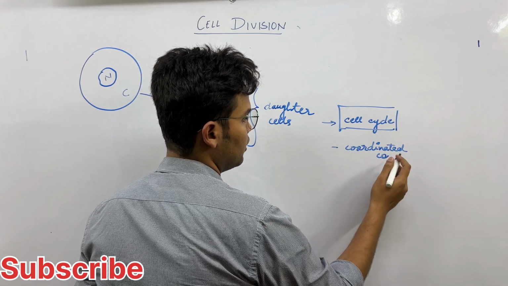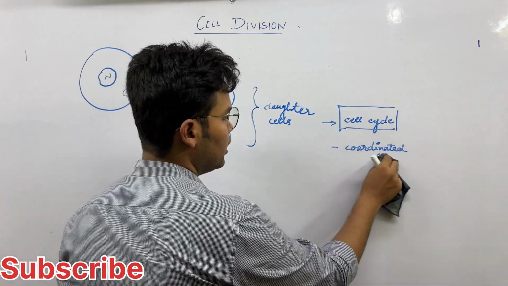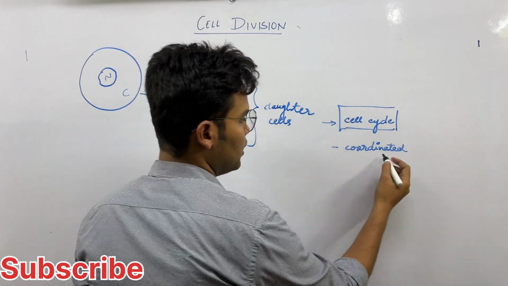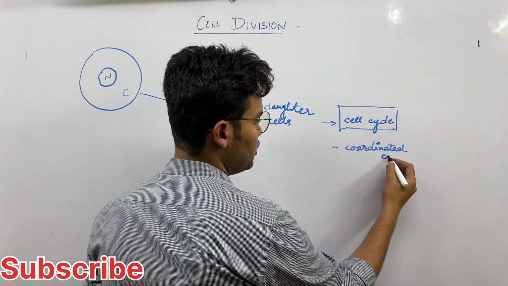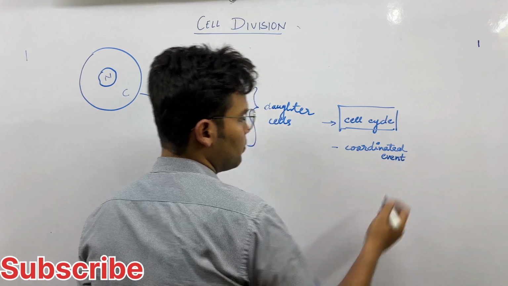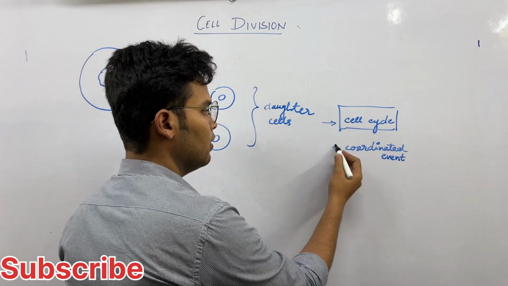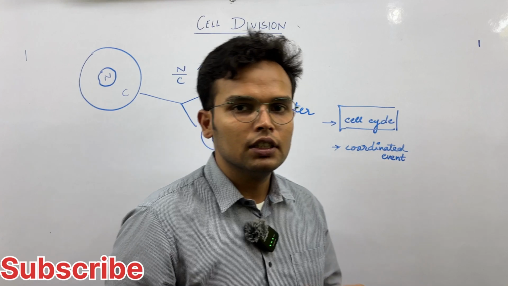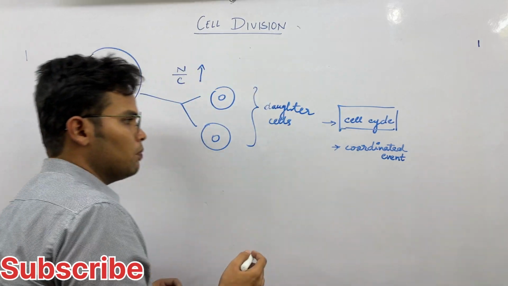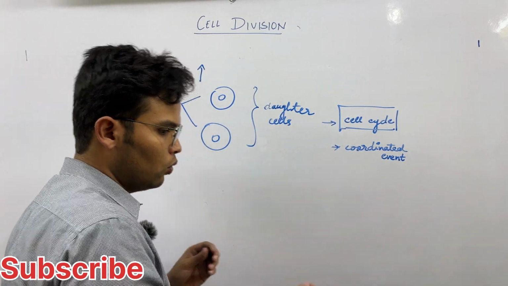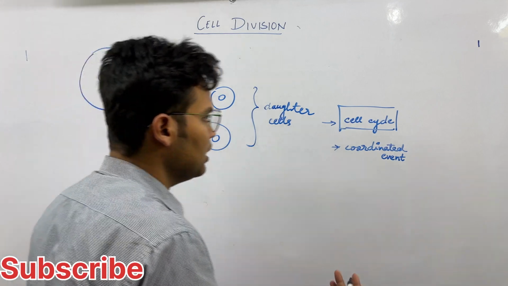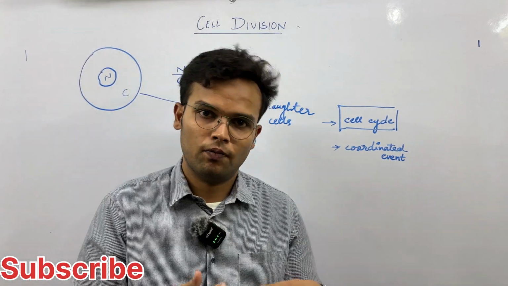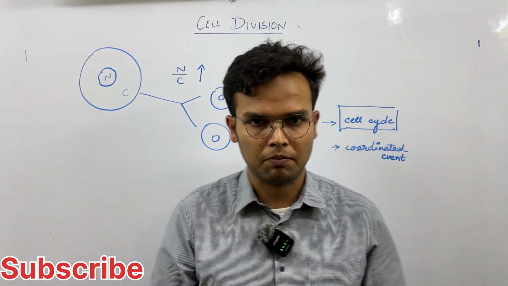What is a coordinated event? A coordinated event is something in which each and every step is incorporated with one another. Every step is under control and will only be done after the previous process or step.